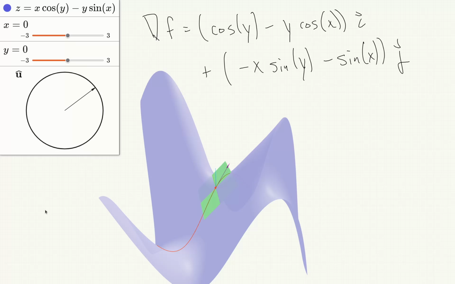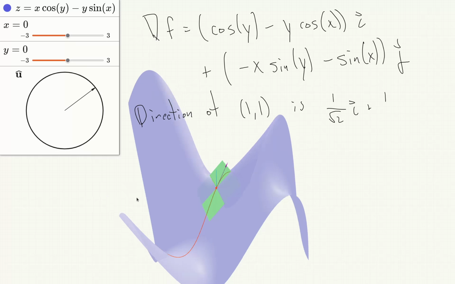Now the direction, I sort of already said this, but the direction of (1, 1) is 1/√2 i + 1/√2 j. So I just normalized this guy in order to make this a unit vector.